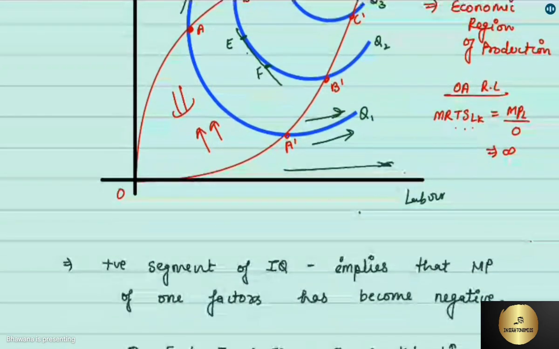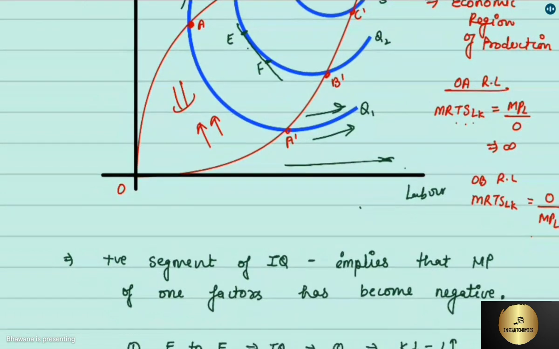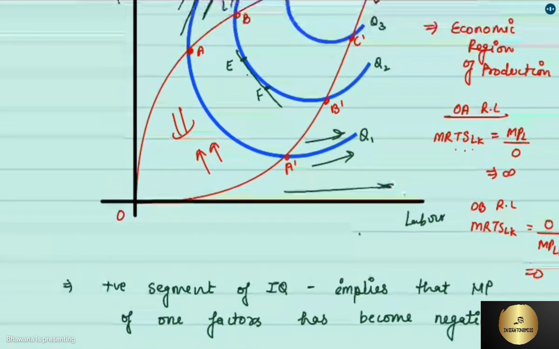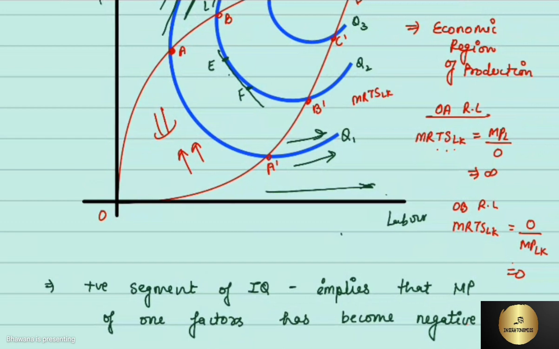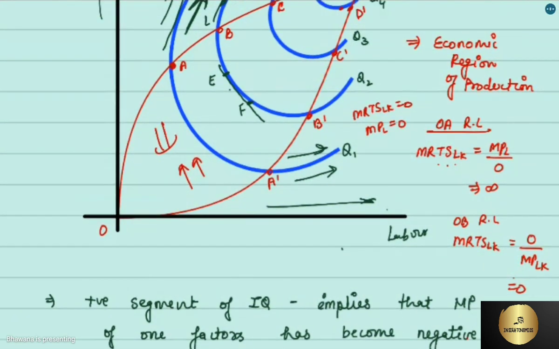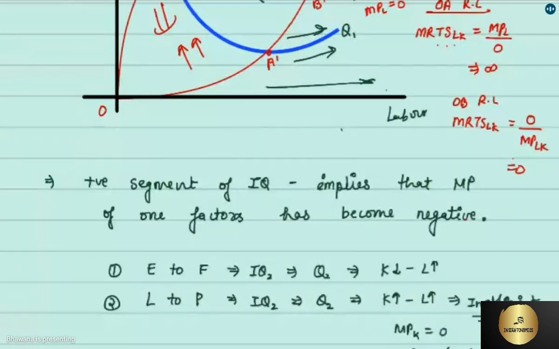And below the OB ridge line, your MPL is 0. When you divide any term by 0... sorry, when 0 is divided by any term, you will get 0. So here your MRTS LK is 0 because your MPL is 0. So these are not the efficient regions of production.